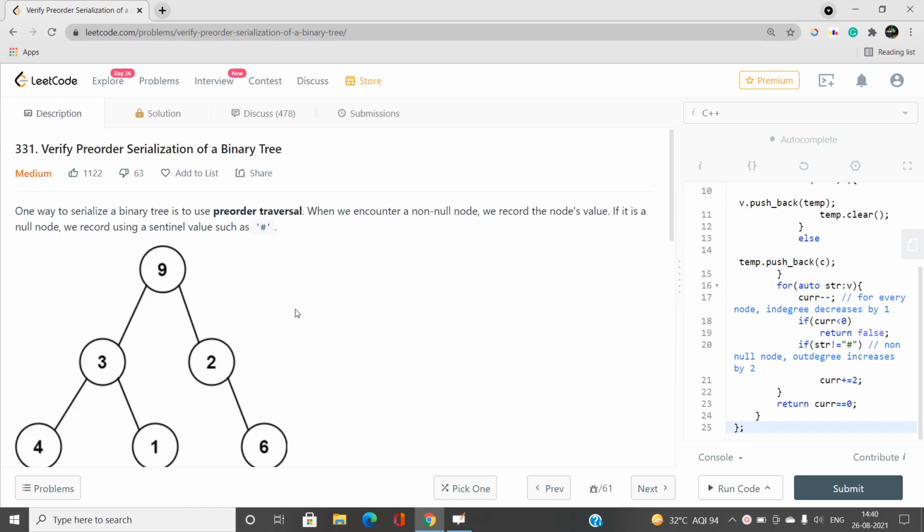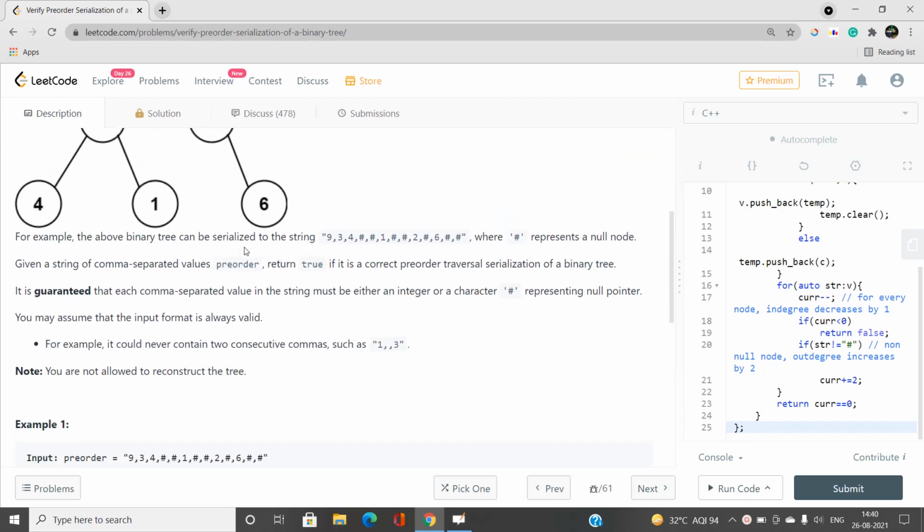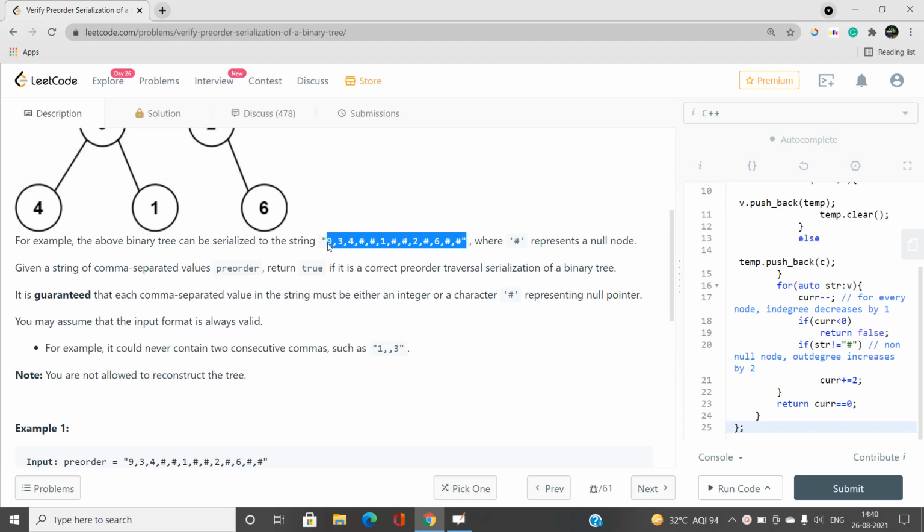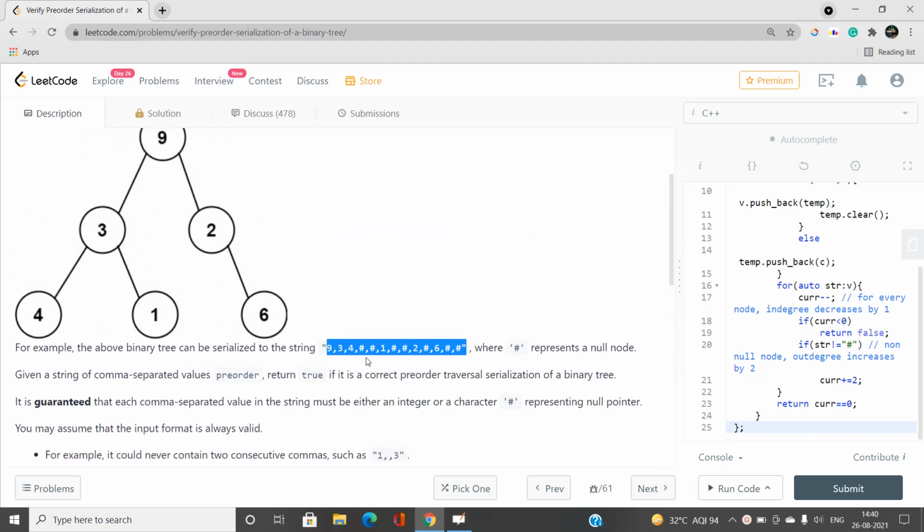Now, we'll be given some binary tree which is serialized into this string, and we have to check whether this serialization represents some binary tree or not. You can see that this string is the pre-order traversal of this binary tree.